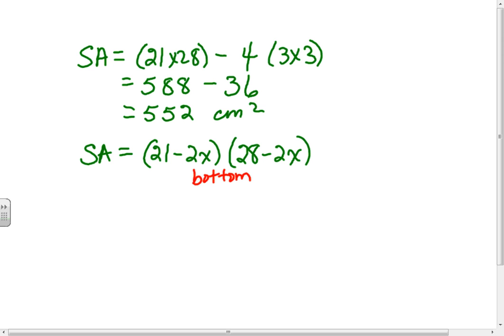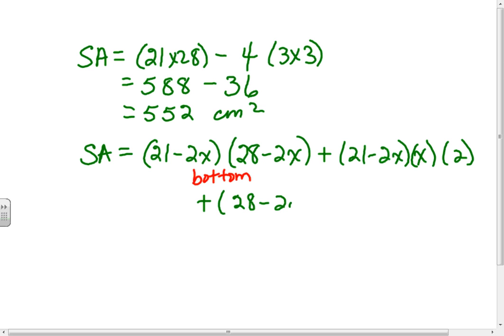So you would have plus 21 minus 2x times x, which is the small face, but there were 2 of those. And you would have the other longer sides, which would be 28 minus 2x times x, and there were 2 of those. Try and draw what I've done here.